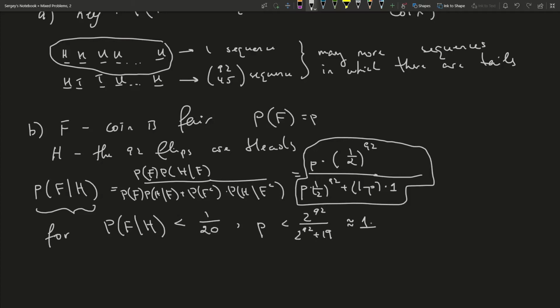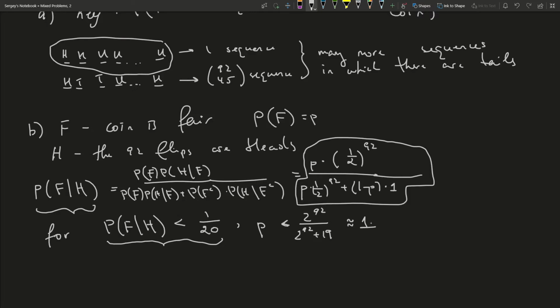So what this tells us is that unless p is almost equal to 1, unless we're really sure that the coin was fair to begin with, after observing 92 flips of heads, the probability that the coin is fair is actually less than 1 over 20. So it's a very small chance that the coin is fair.